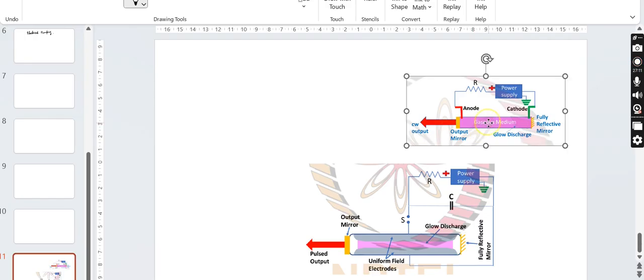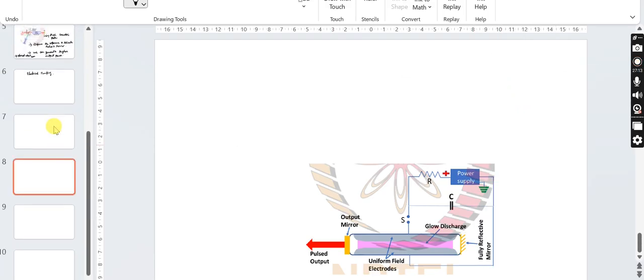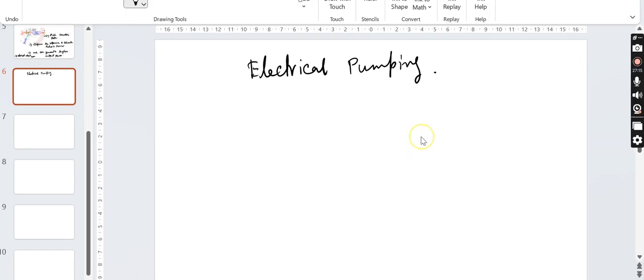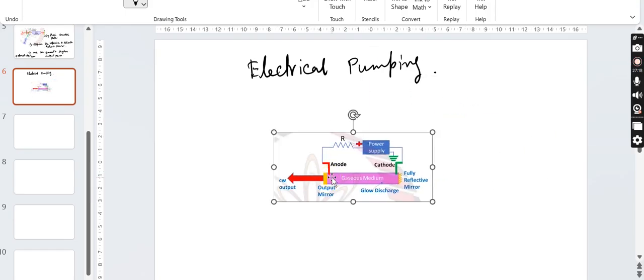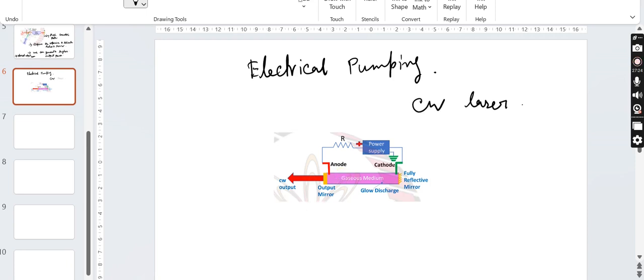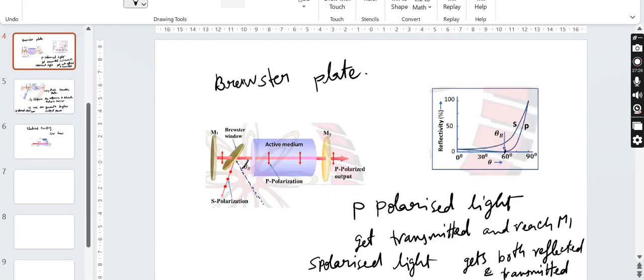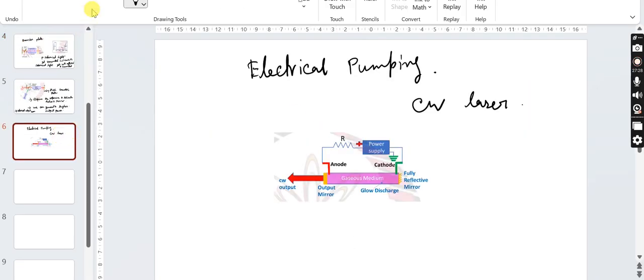So for CW lasers, this is the scheme. Electrical pumping for CW lasers.